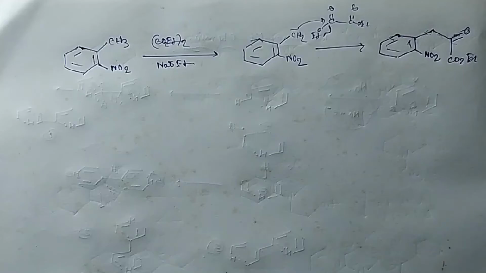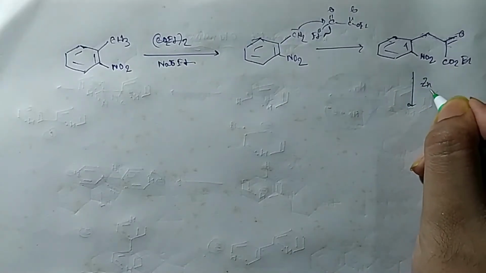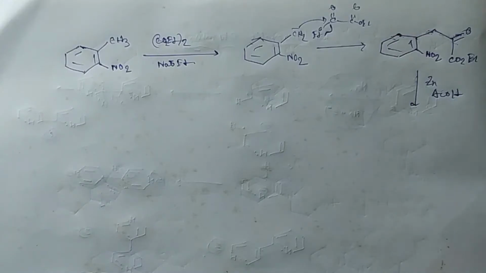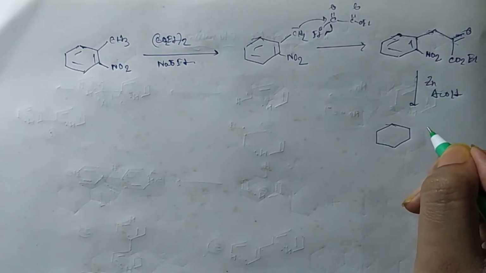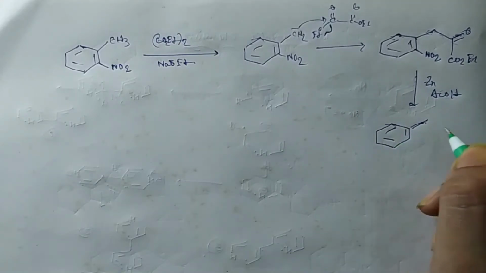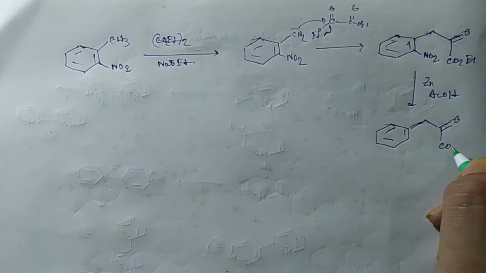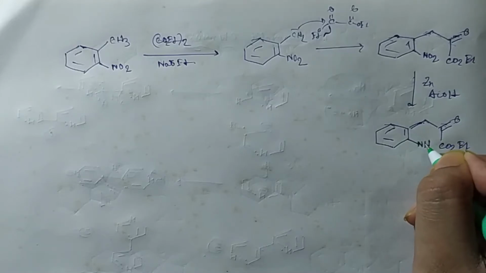Now in the second step the reagent was zinc and acetic acid. In case you don't know, zinc and acetic acid is a reducing reagent which selectively reduces the nitro to NH2. So you will get NH2 here.